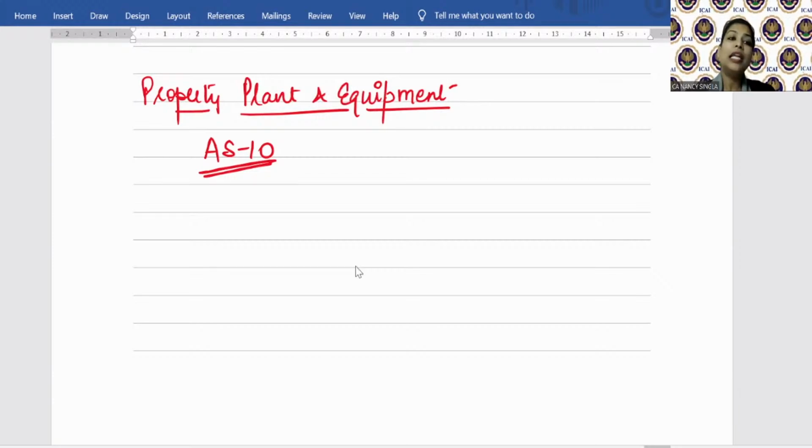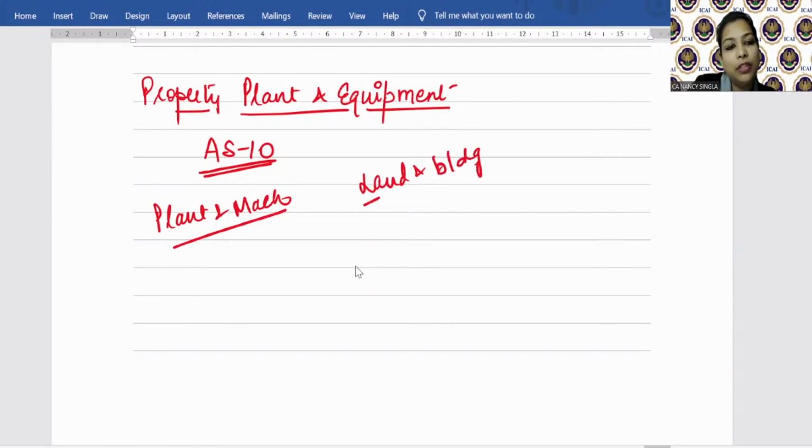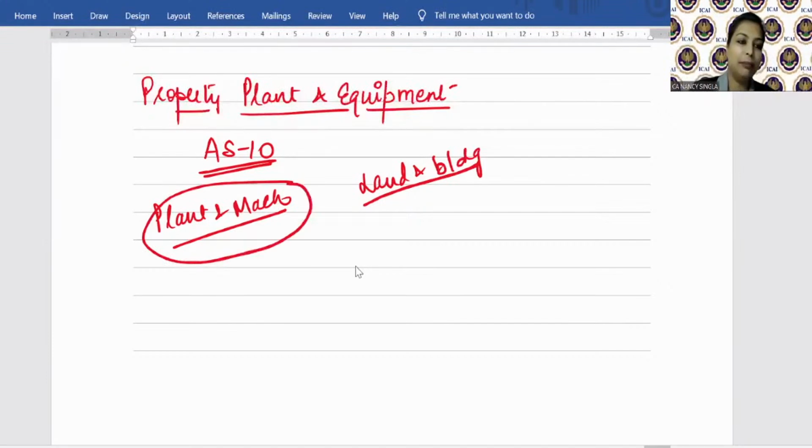Okay. Now tell me, let's say plant and machinery is here. And let's say land and building is here. Tell me students, if I talk about plant and machinery, I'm not saying with respect to which particular assertion you need to answer. I'm just saying that to verify plant and machinery, what all documents come to your mind?